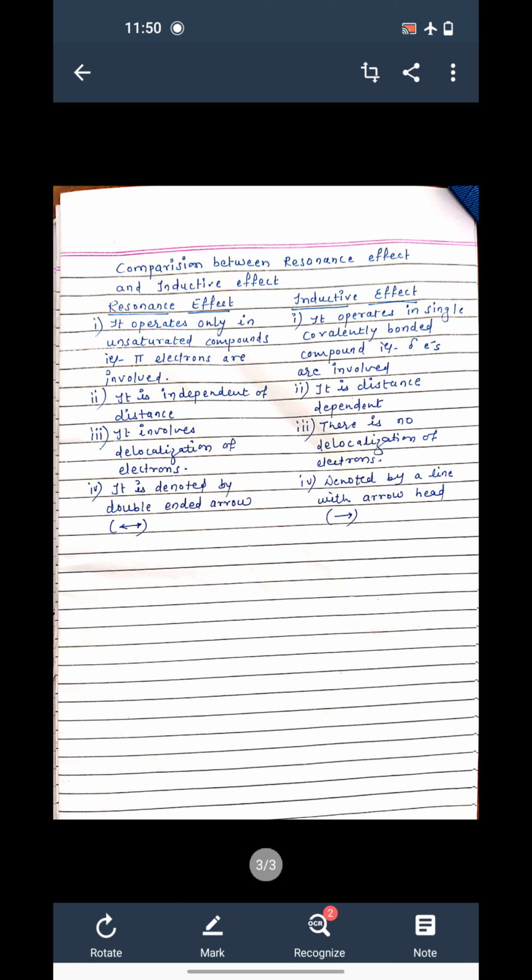In the resonance effect, delocalization of electrons takes place, while in the inductive effect there is no delocalization, just a simple electronic shift or displacement of electrons. The resonance effect is denoted by a double-ended arrow, and the inductive effect is denoted by a line with an arrowhead.